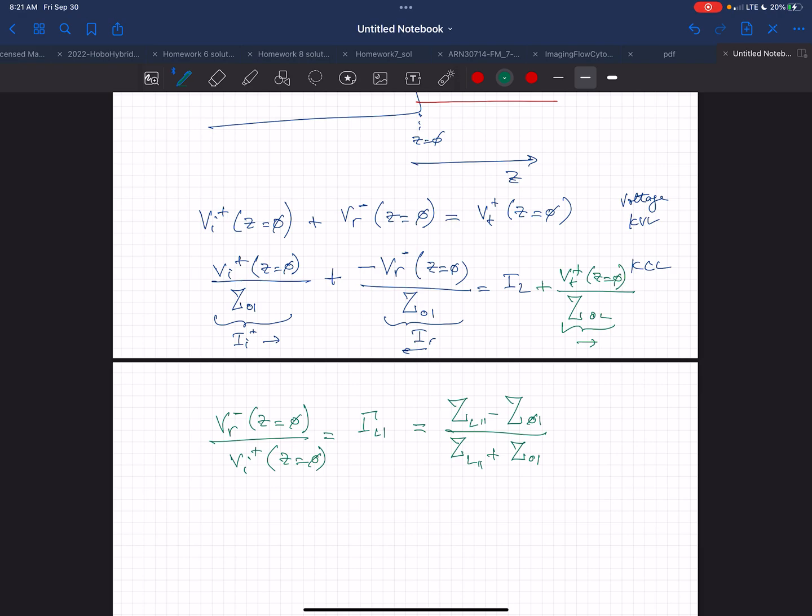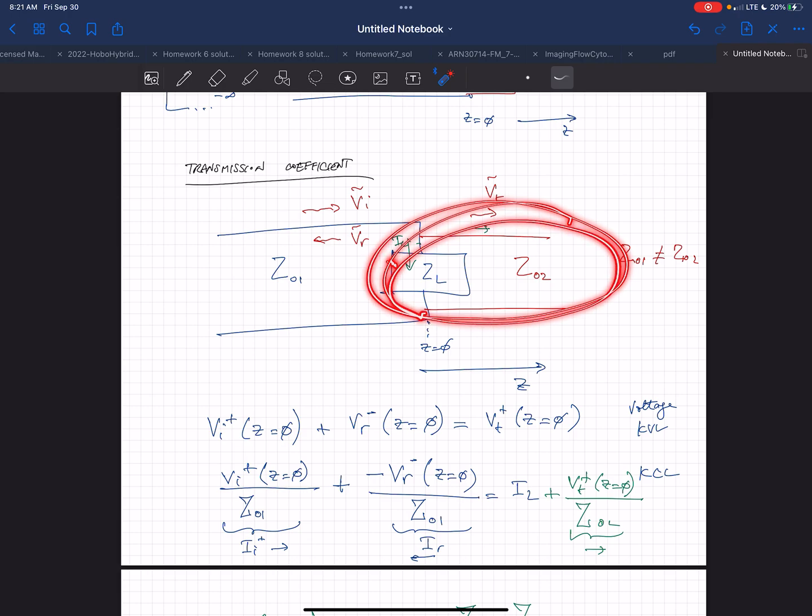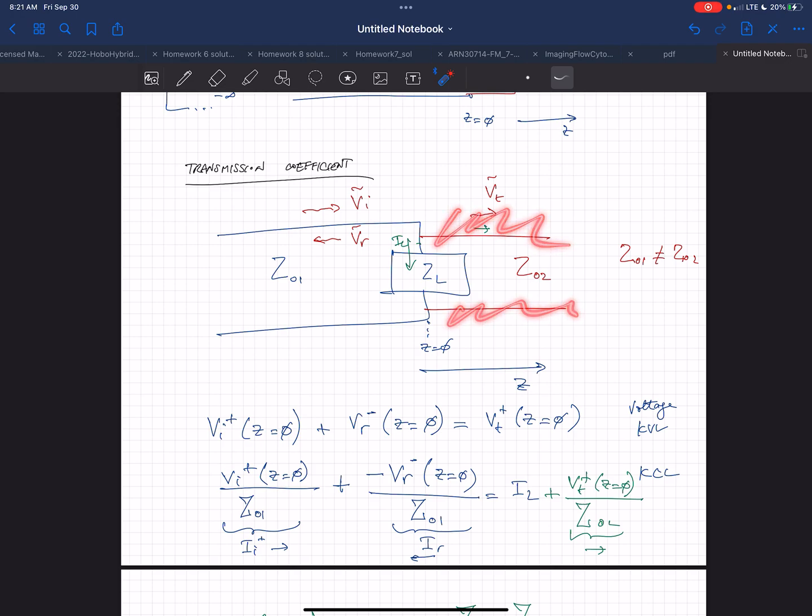Okay. So what's the difference here? When this other line is hanging off this end, this impedance changes, right? If this one wasn't here, my reflection would only be because of this one.